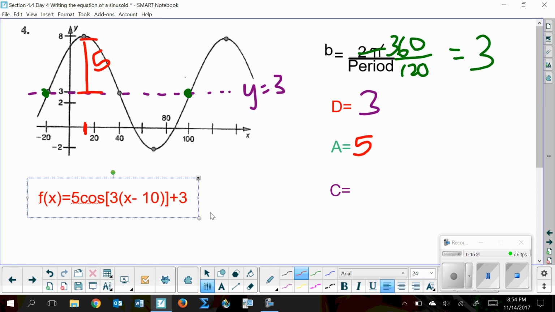What I can tell is that if it's going from over here at negative 20 to 100, that's a full period. If I divide 120 by 4, I'd get 30, and half of that is 15. So hold on, am I thinking about this right?